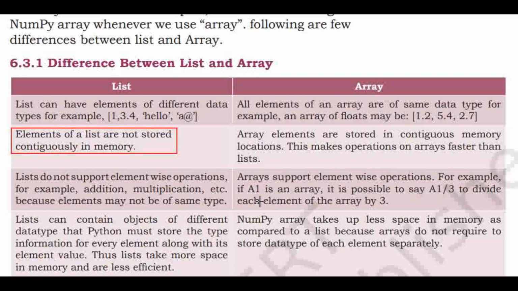For example, if A1 is an array, it is possible to say A1 divided by 3 to divide each element of the array by 3. Numpy array takes up less space in memory as compared to a list because arrays do not require to store data type for each element separately.